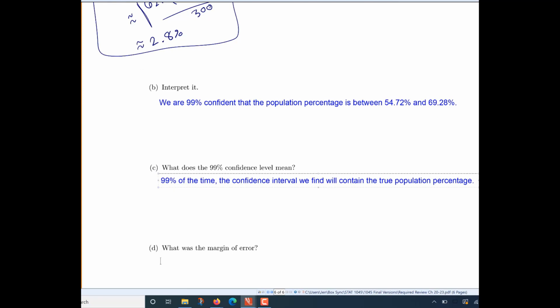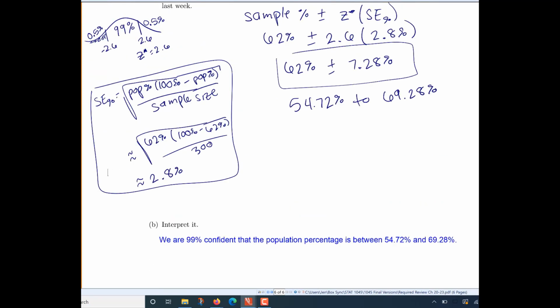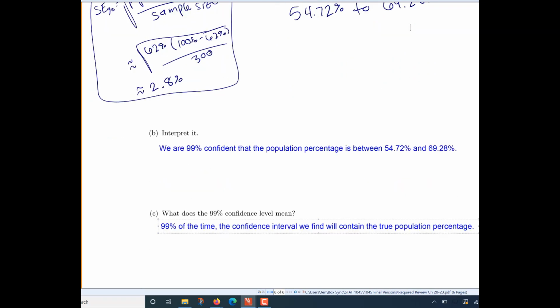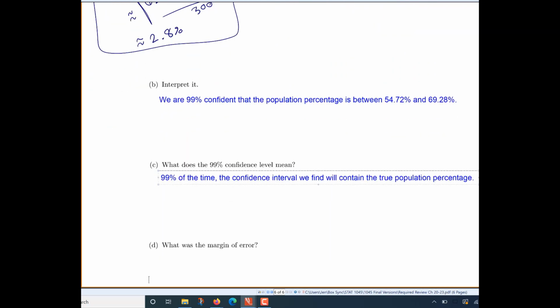And what was your margin of error? That's the part that you add or subtract, so it looks like we added and subtracted 7.28%.